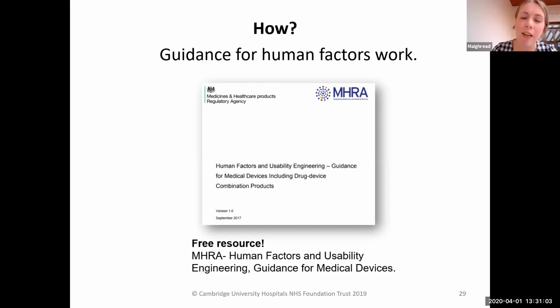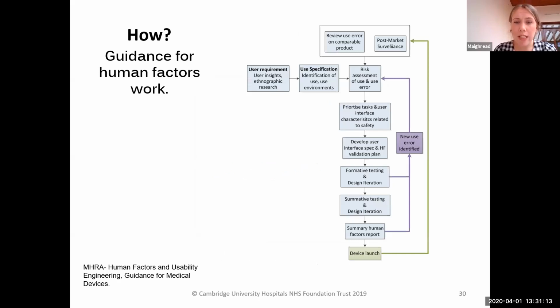But the MHRA is free, and it's quite a useful and user-friendly document to use. So this is the human factors process, and I've just copied this table from the document. I'll just walk you through it quite quickly.